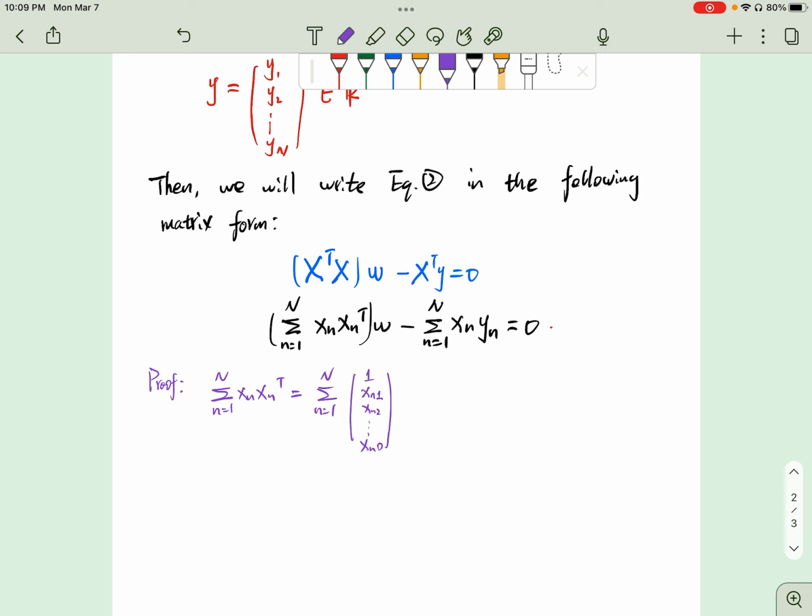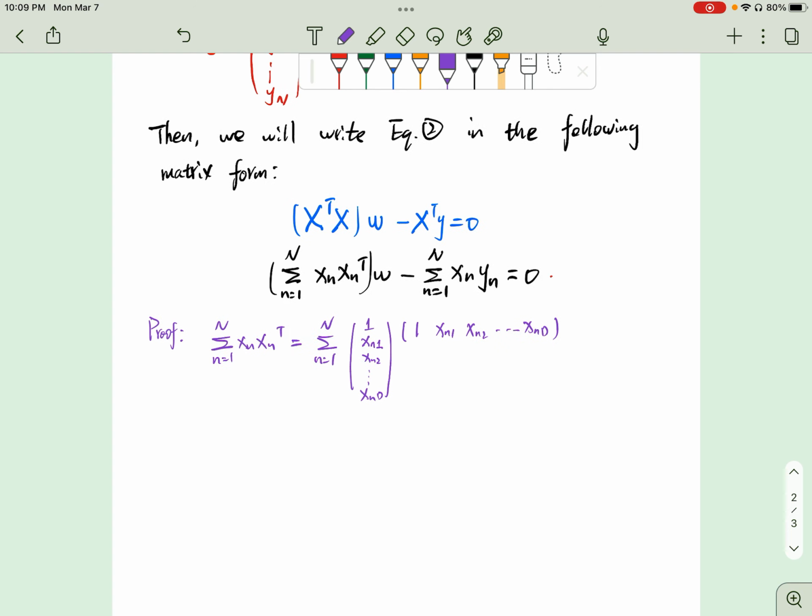And what about its transpose? Its transpose is very easy. It's 1, xn1, xn2, and xnd. When you multiply these two vectors, you will get a matrix.